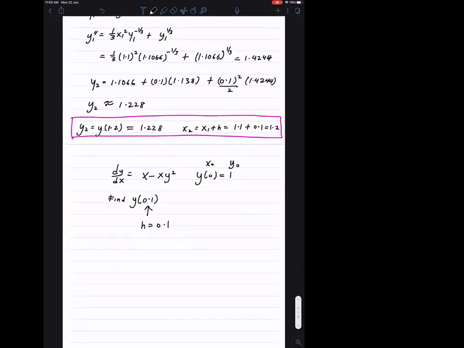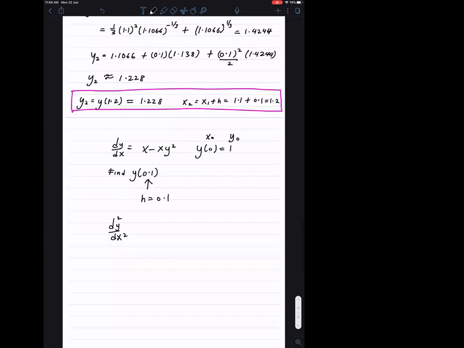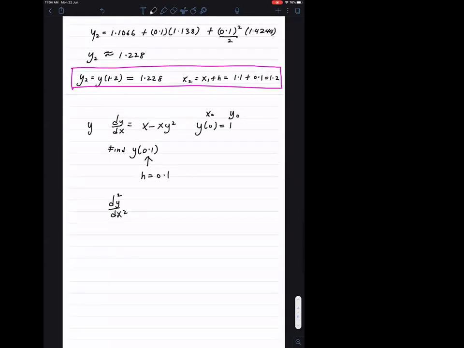We find the Taylor series polynomial. This is the first derivative. Then you find the second derivative.